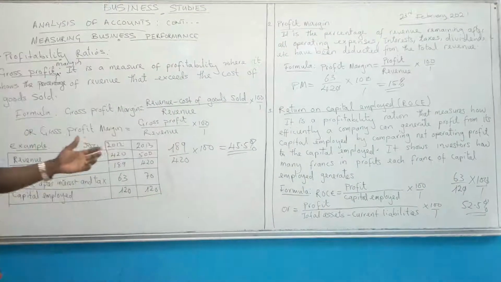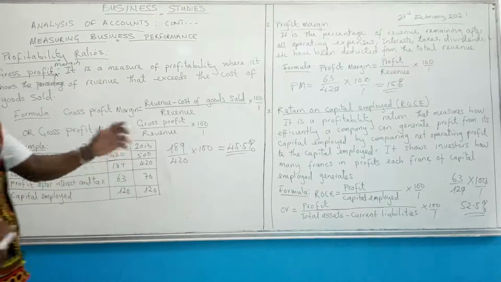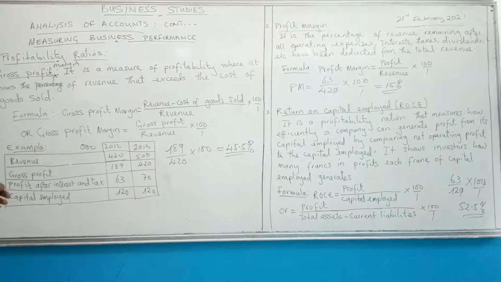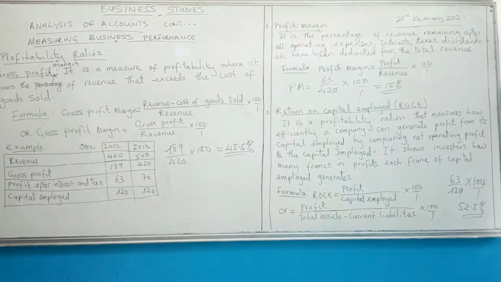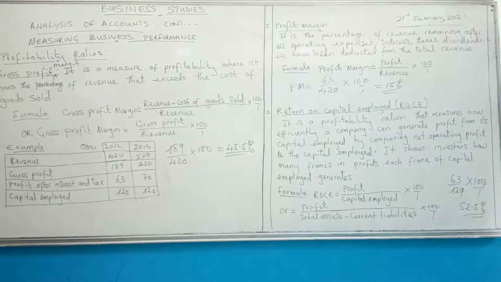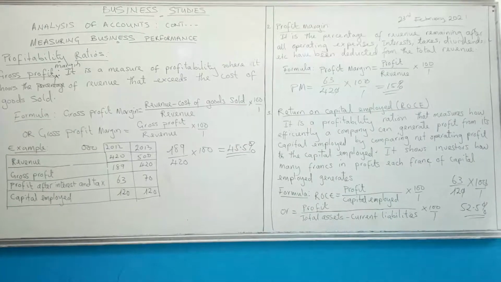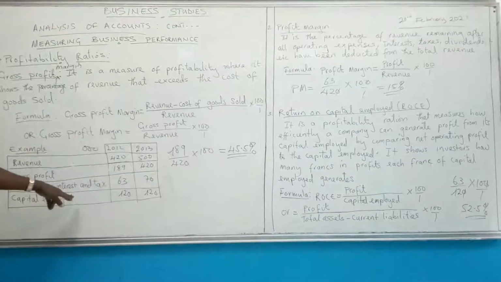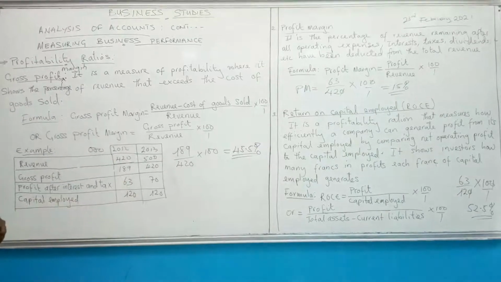But in case you look on the table and you are not given capital employed, but you are given assets and current liability, how will you get your capital employed? You can get your capital employed by subtracting current liability from total assets. But we have been given our capital employed, which is 120 for 2012.